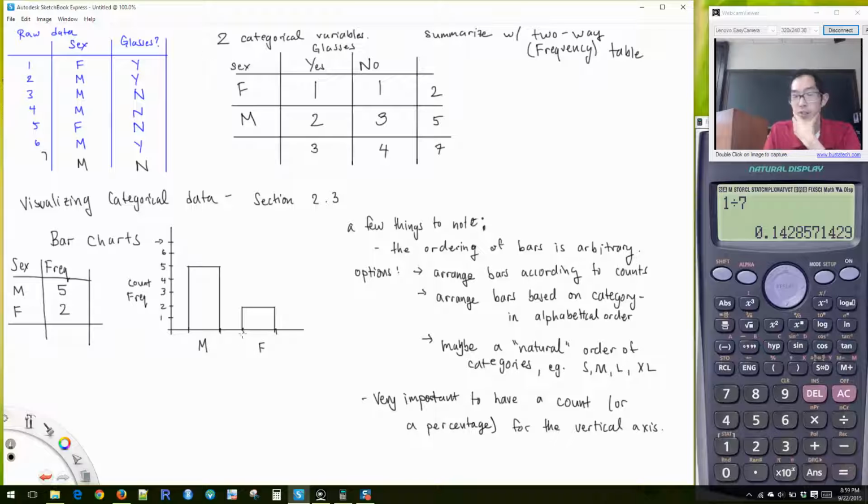And traditionally, we leave a gap between the bars.